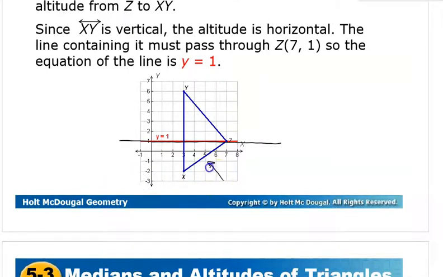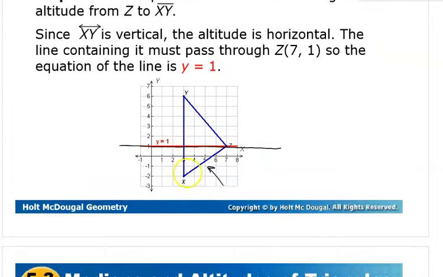To find the slope of that, you're going to need this coordinate and this coordinate. So the X coordinate is 3, -2. And then your Z coordinate is 7, 1. And if you don't remember this, you should write it down.